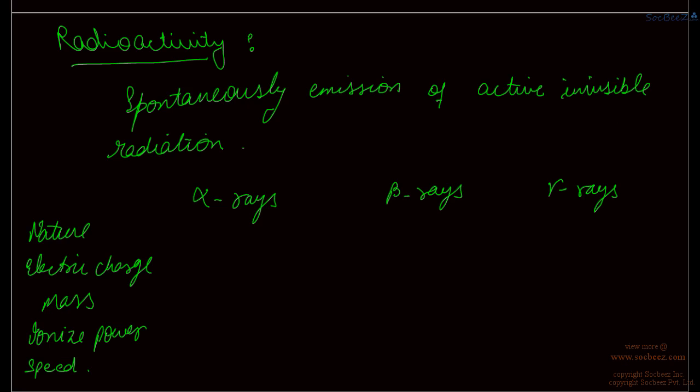The nature of alpha rays is that they consist of positively charged helium nuclei. Beta rays consist of electrons, and gamma rays consist of electromagnetic radiations.